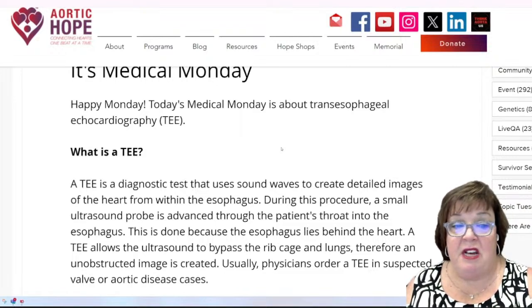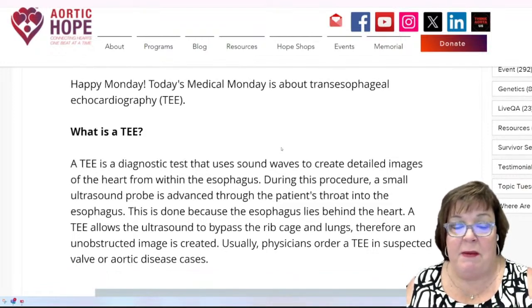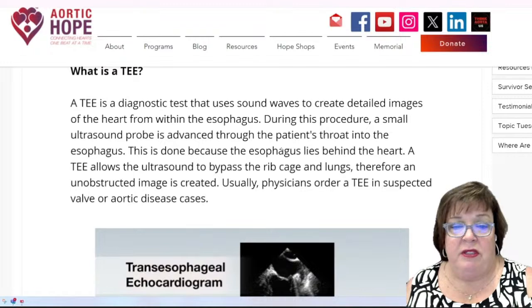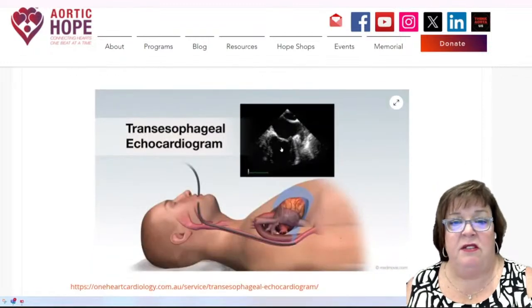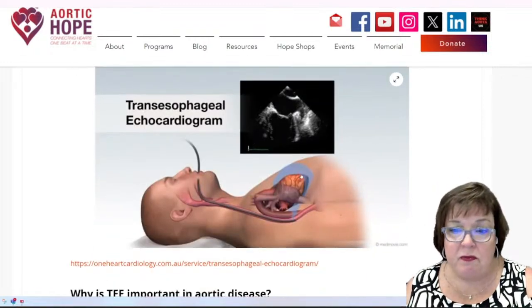This is done because the esophagus lies behind the heart. A TEE allows the ultrasound to bypass the rib cage and lungs, therefore, an unobstructed image is created. Usually, physicians order a TEE in suspected valve or aortic disease cases. And below, you can see what a TEE is and the patient going through it.